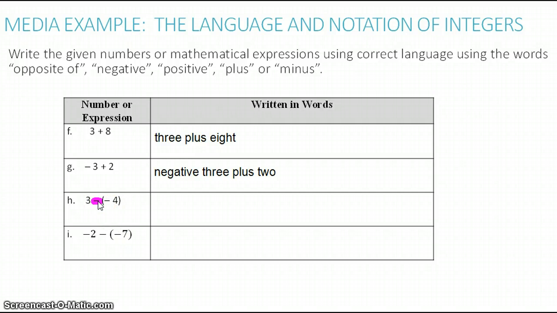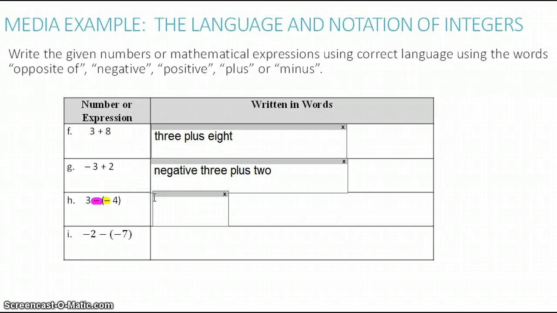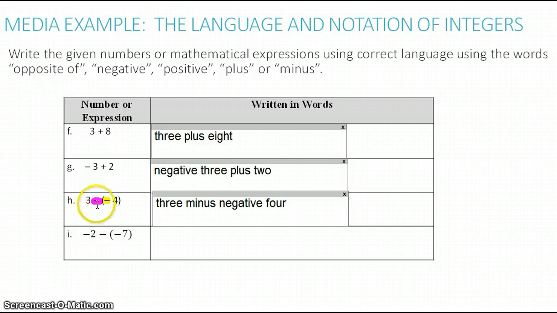So this is a subtraction symbol, whereas this symbol is telling us the sign of the 4. So we would read this expression as 3 minus -4. Okay? So this is a subtraction symbol, and this is the sign of a number.